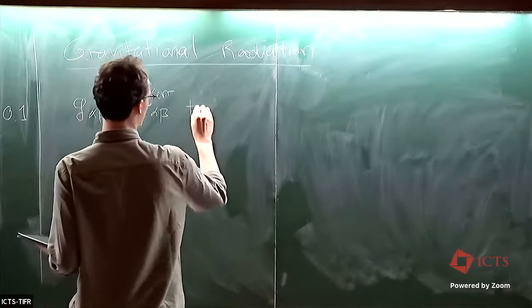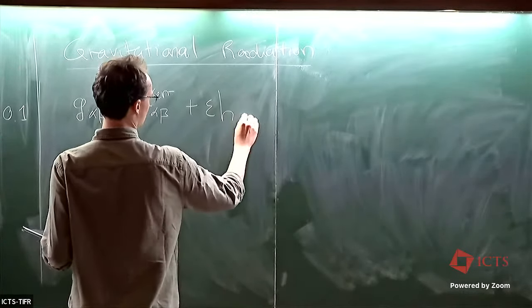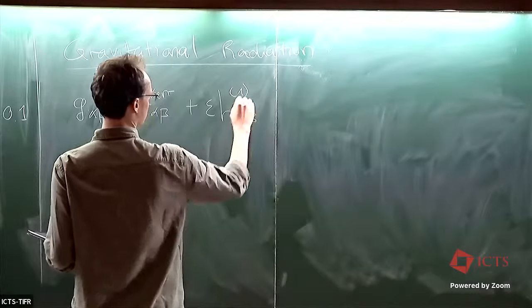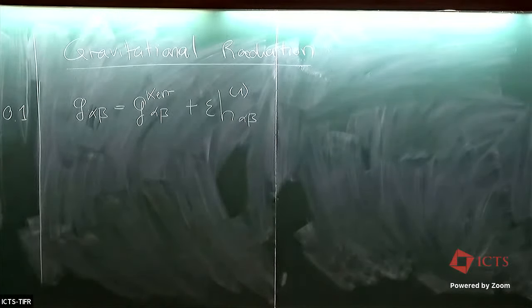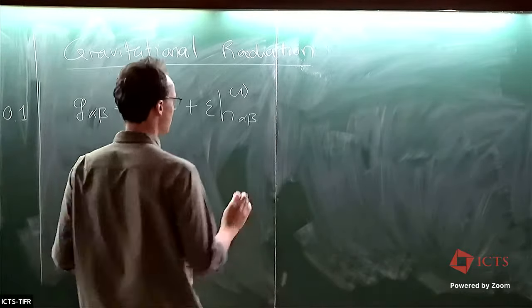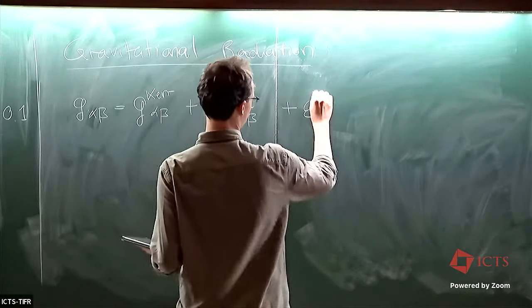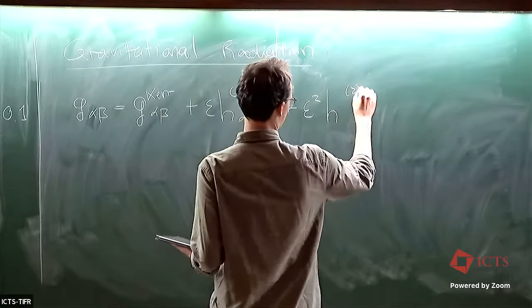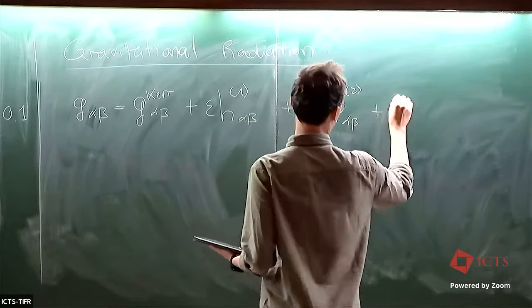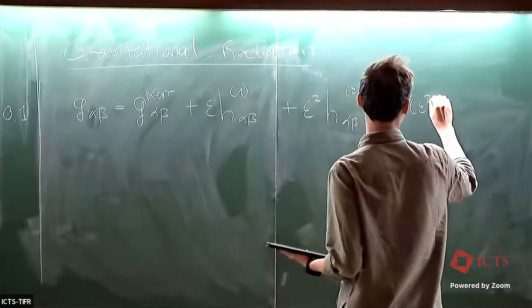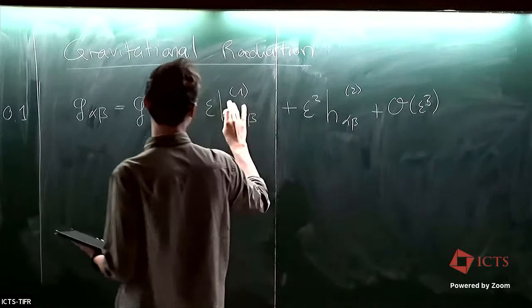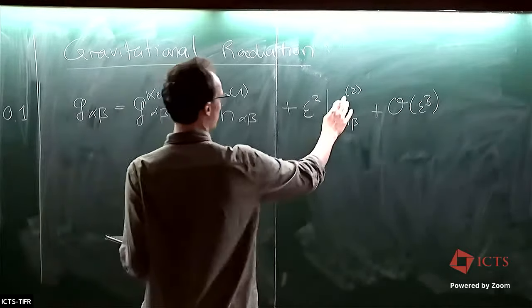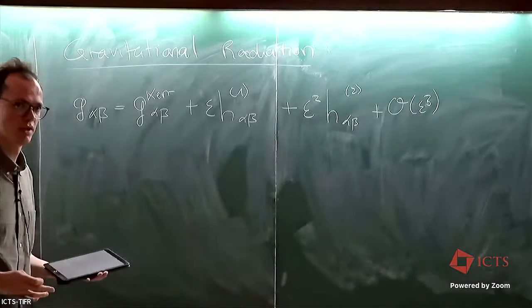And then at 1st order, we have some linear metric perturbations. And then I ignored everything at 2nd order. But let's now include the 2nd order, and ignore everything at 3rd order. Here the superscripts 1 and 2 just mean the linear perturbation and the quadratic perturbation.